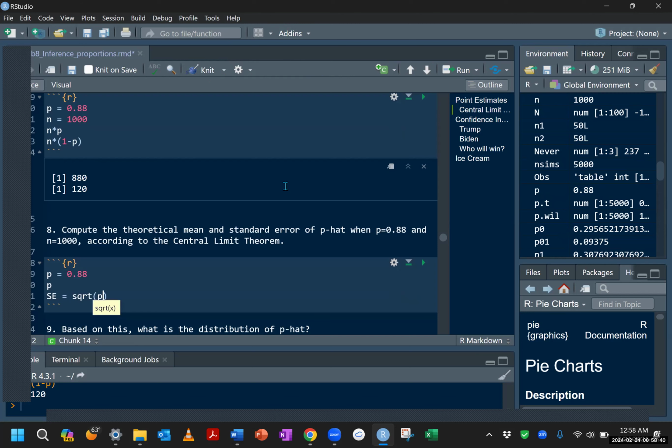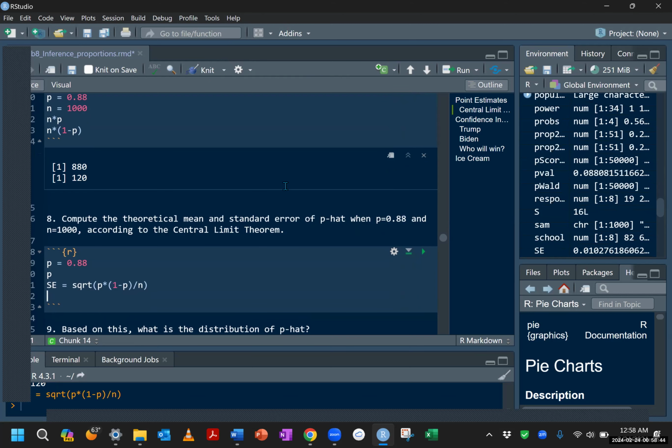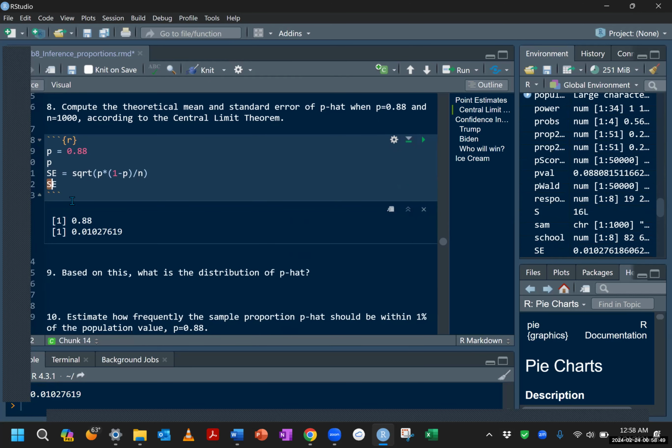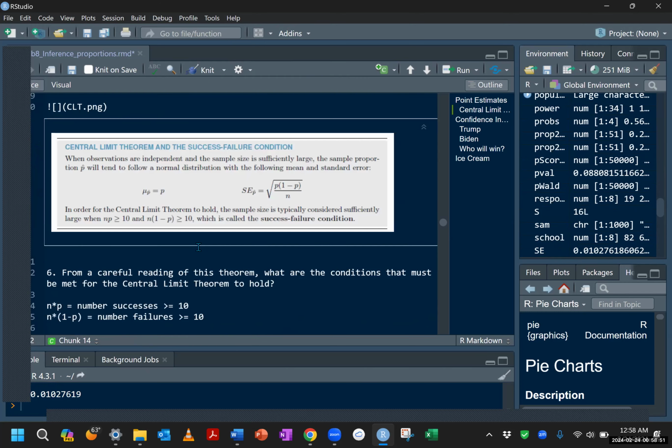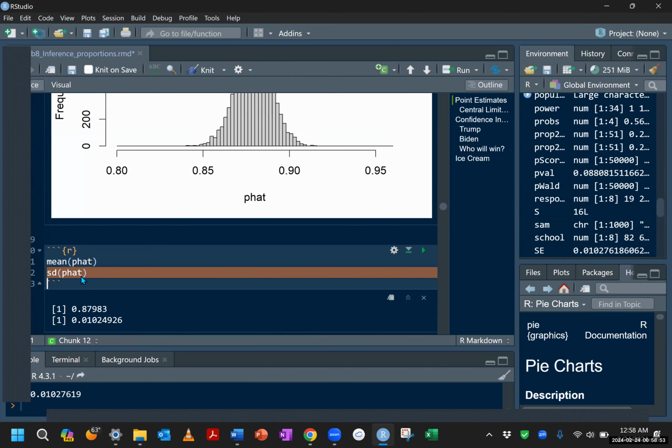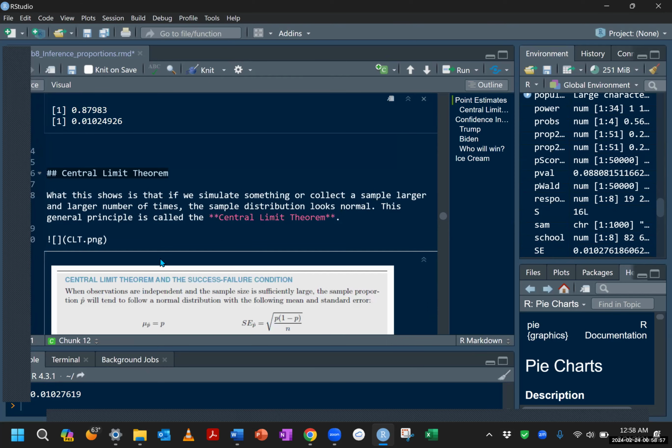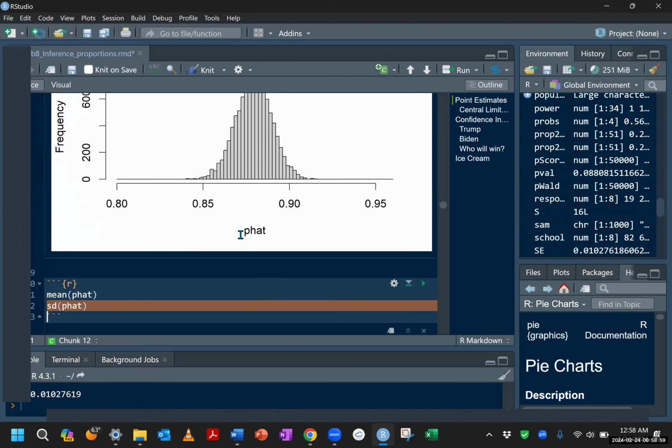It's going to be the square root of p times 1 minus p divided by n. That's going to be what my standard error is. And notice that's basically what we got up here. We took the standard deviation of that big sample. So this just confirms what we found up here.